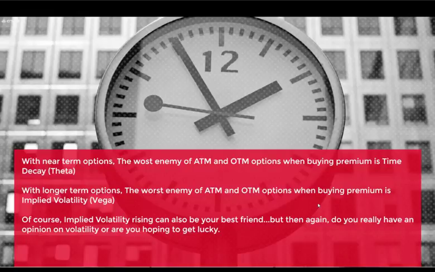Of course, implied volatility rising can also be your best friend. But then again, do you really have an opinion on volatility, or are you hoping to get lucky? This is where a lot of people end up. They're so focused on price that they're not understanding where the volatility is at.